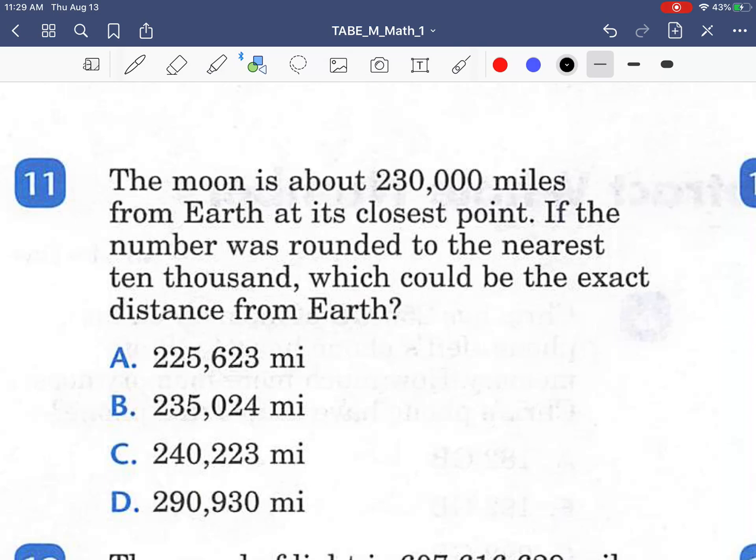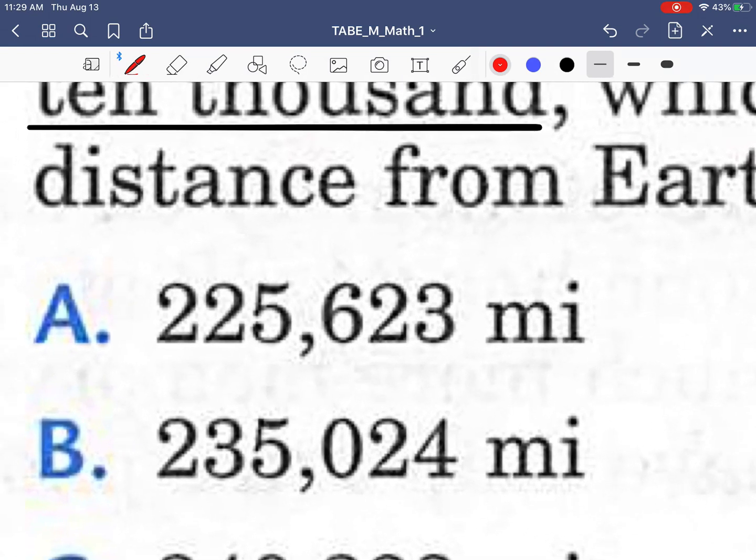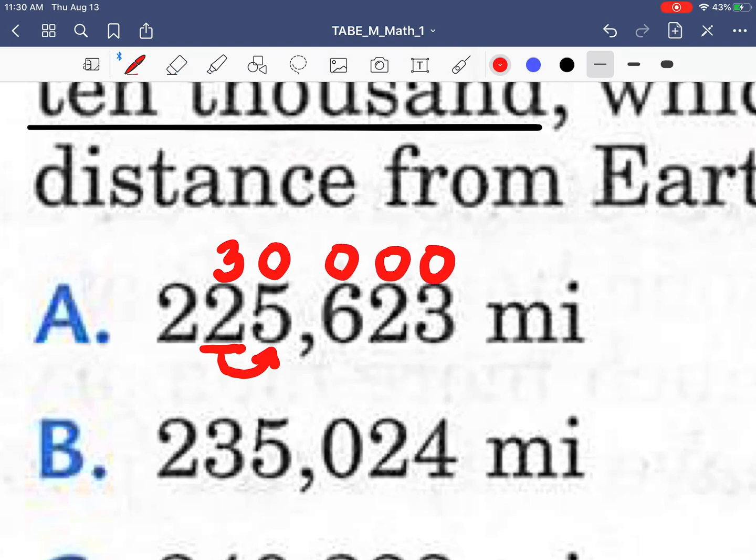Point of reference is 10,000. So here, let me zoom in so I can write. There's my 10,000. Neighbor says round up, so that's going to become a 3. Let me just do it like this. These guys round off, and the leader doesn't change.